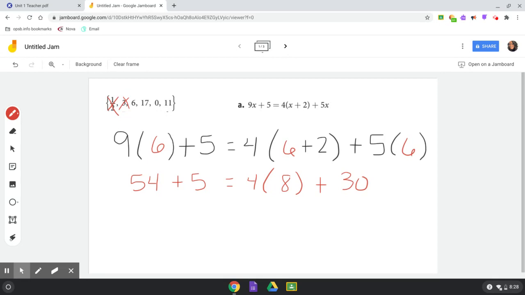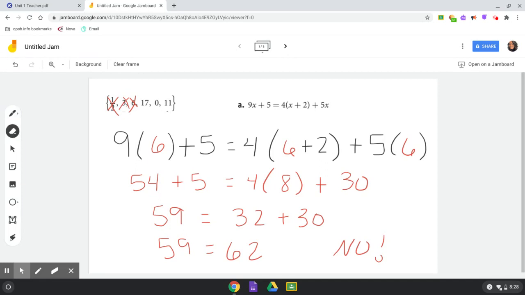Okay, so now we've got 54 plus 5 is 59. 4 times 8 is 32. Now we've got 59 equals 62. Is that a solution? No, because 59 does not equal 62. So 6 is not a solution. Okay, so now let's erase 6.